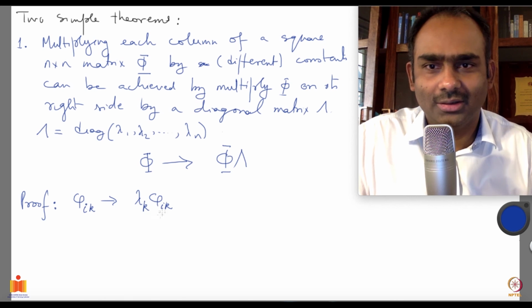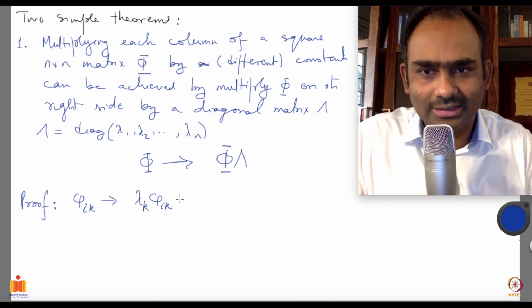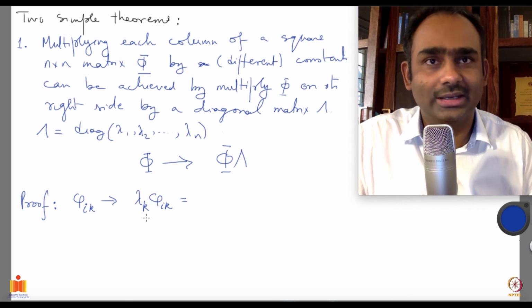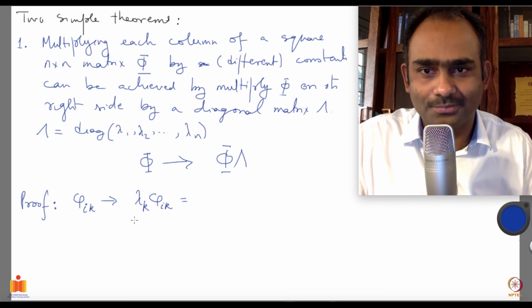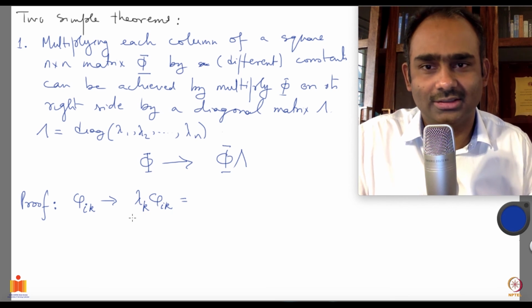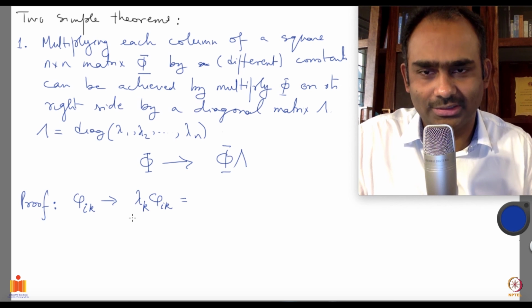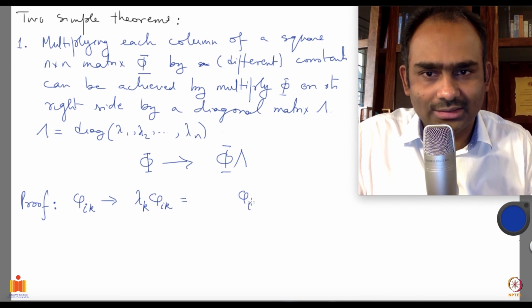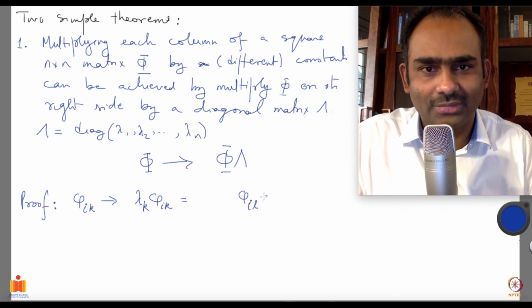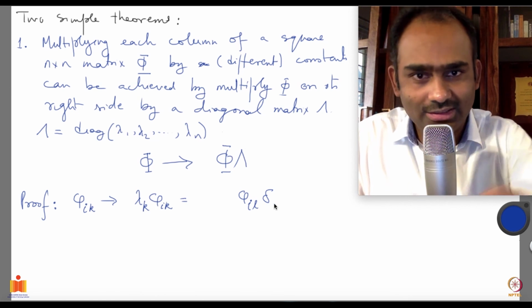And what is this? This right hand side I can write as, so there is no summation over k here, no summation over k, even though the k is repeated. That should be clear. Now I can write this phi I k as phi I L delta LK.